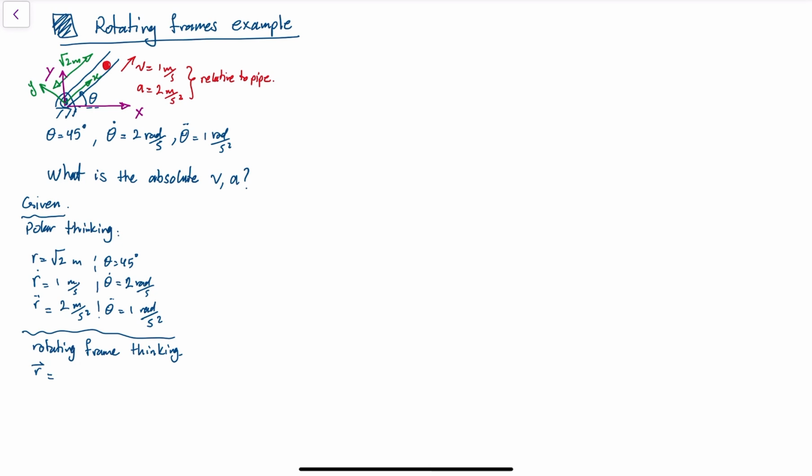Let's be more specific: call this A, the ball B, r of B relative to A. Our choice is either to write this vector in the big XY frame, which will be 1 big I plus 1 big J, or alternatively I can write it in the little ij frame, in the coordinates of the rotating one, which in this case will be square root of 2 i, little i.